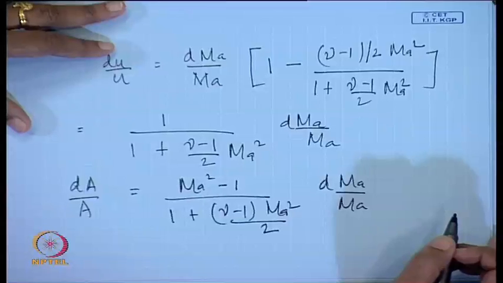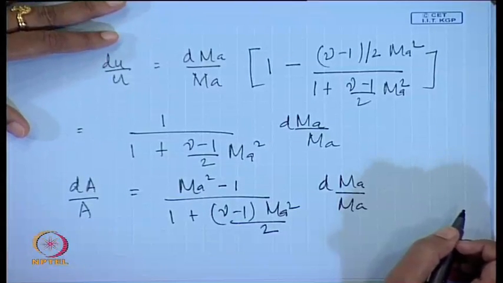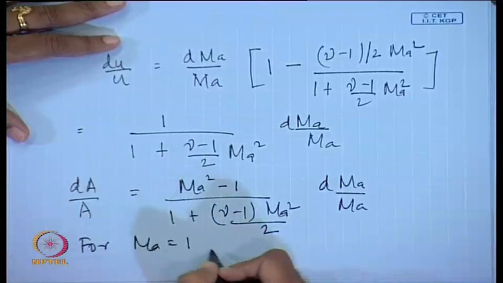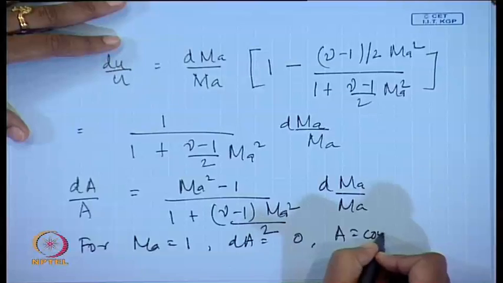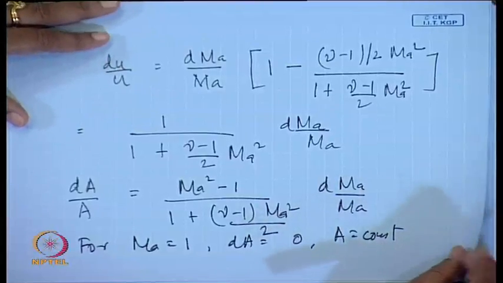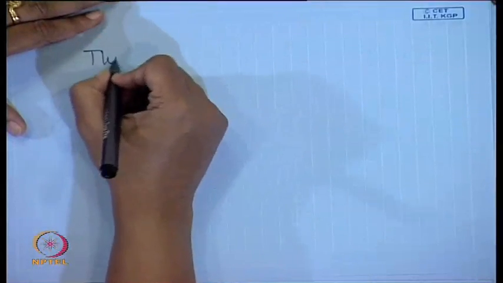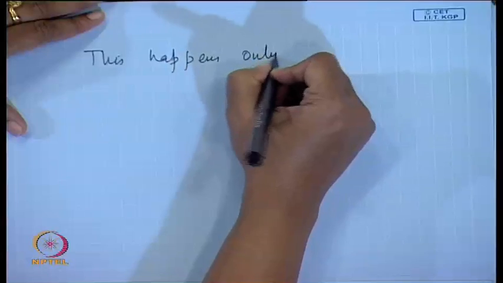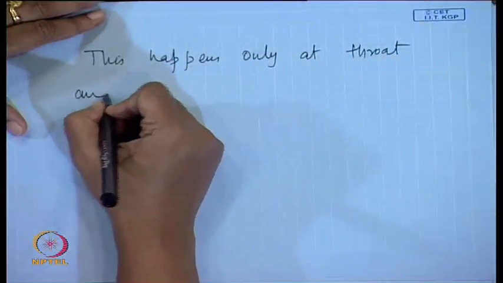So therefore, we had obtained that we get the maximum flow rate for Ma equals 1, and for Ma equals 1, dA equals 0 or A has to be constant, or in other words we observe that this happens only at the throat and nowhere else.